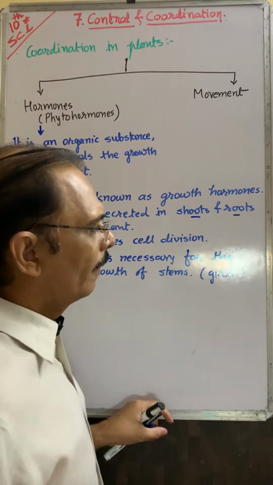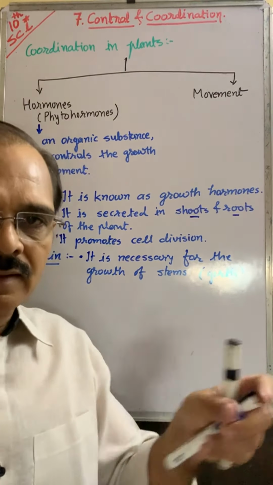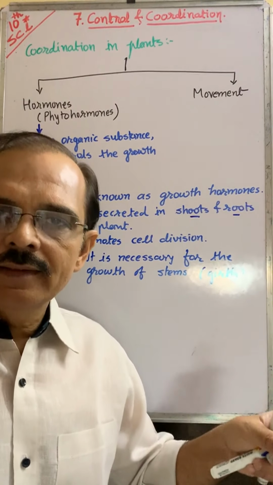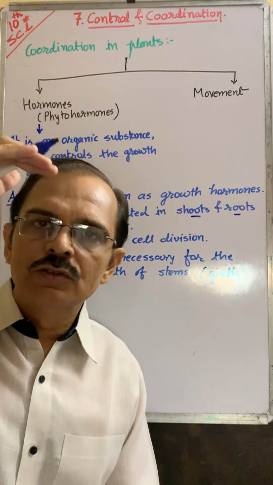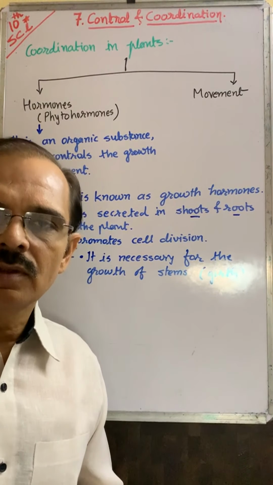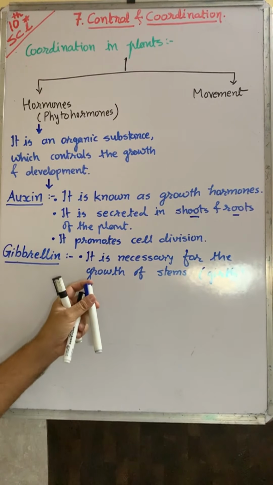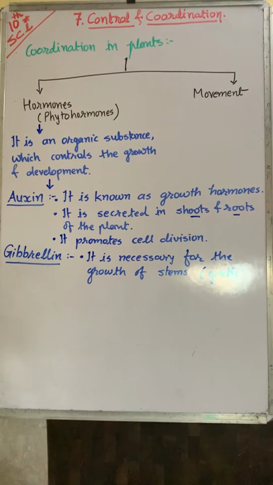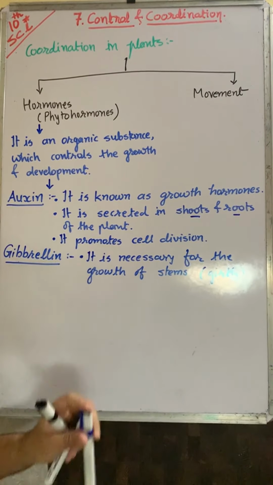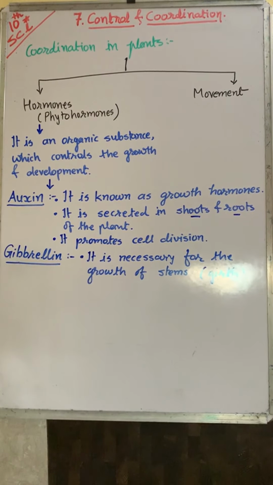Girth means broadness, wideness of the stem increases and height of the stem also increases. Growth doesn't mean only height. Growth also means breadth, means length and breadth both. So girth and growth, both of the stem, both possible because of the gibberellin.